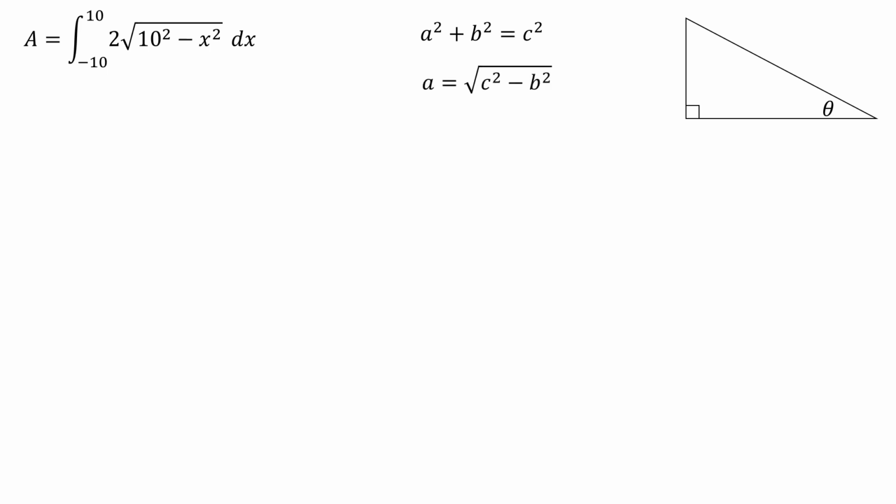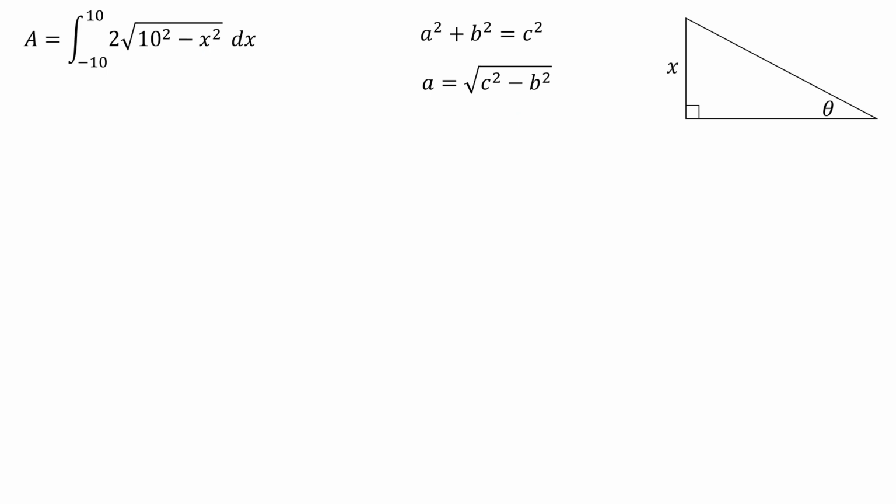And so if I want to know leg A, it'd be like, oh, well, leg A is easy. You take c squared, you subtract b squared, and then you take the square root. And of course, if I look at the integral, I'm like, hey, that's what I've got in the integral, right? I've got 10 squared minus x squared. So x is one of the legs, right?